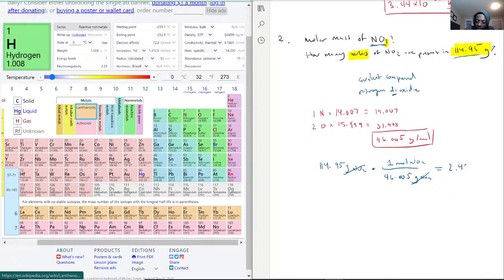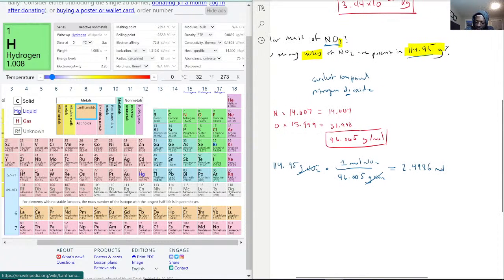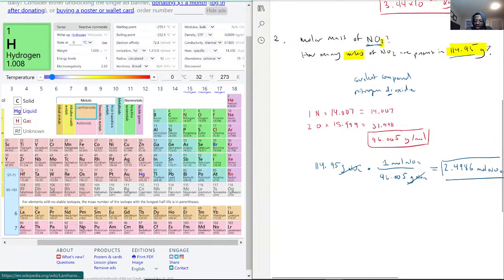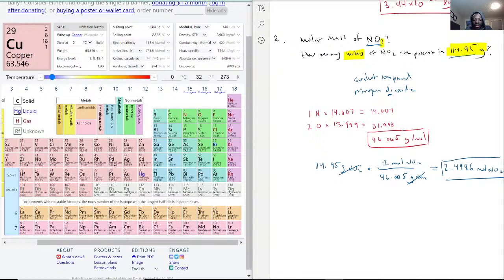Okay, 2.4986 moles of NO2. That's the amount of moles there present in 114.95 grams of nitrogen dioxide. So with that being said, let's see how we did for this question.